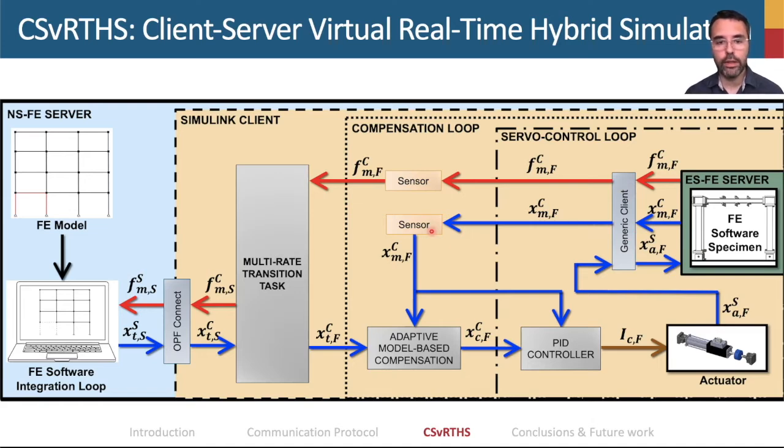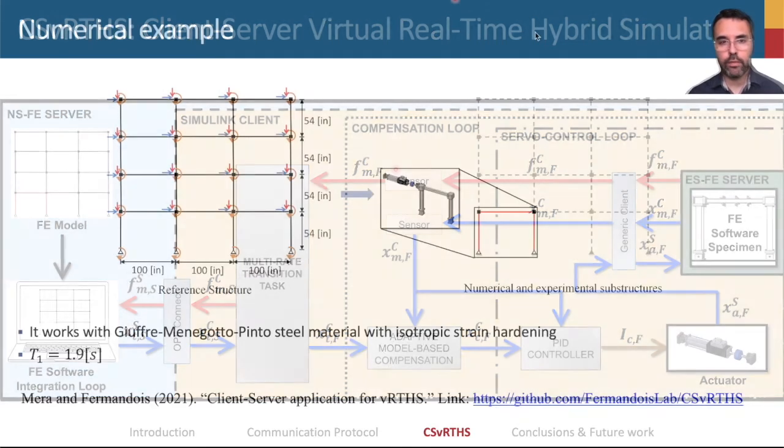Also important is to consider that both the numerical substructure and the Simulink client, the control algorithm, will run at different rates. So a multi-rate transition task is included in order to go from a slow speed simulation rate to a fast speed simulation rate in the Simulink client.